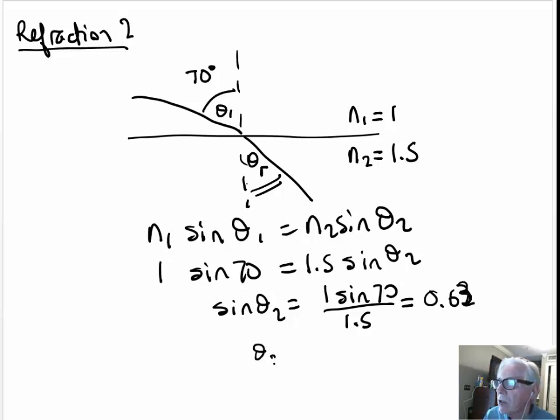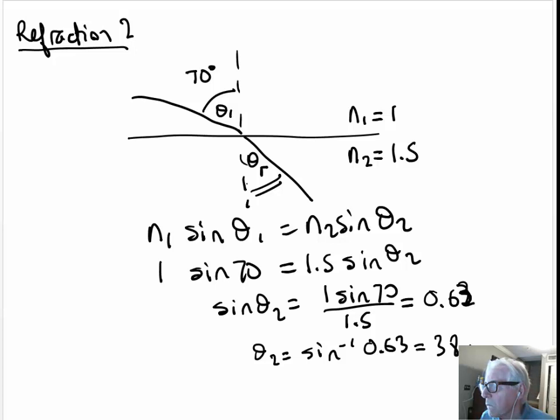So theta 2 is equal to sine to the minus 1 of 0.63, which equals 38.8. So that's what I'm predicting is this angle of refraction.